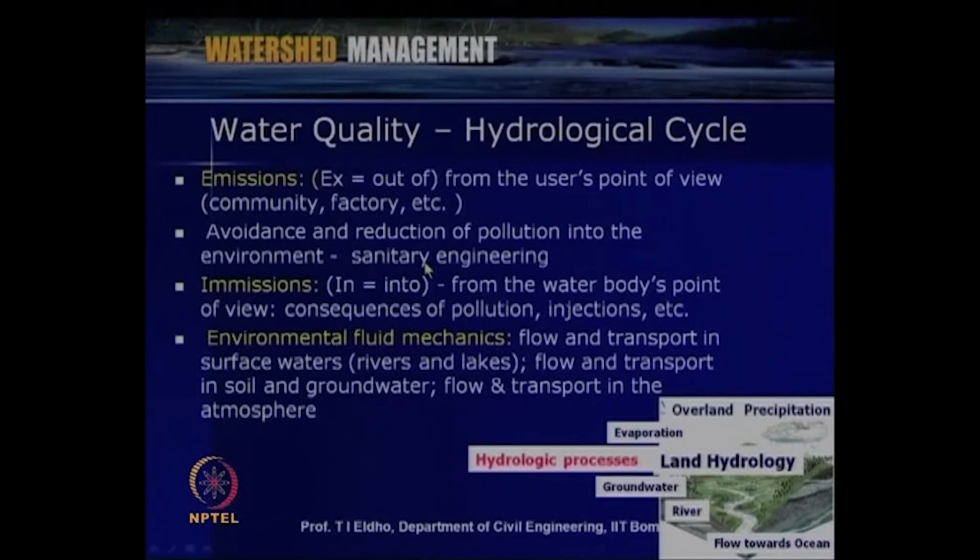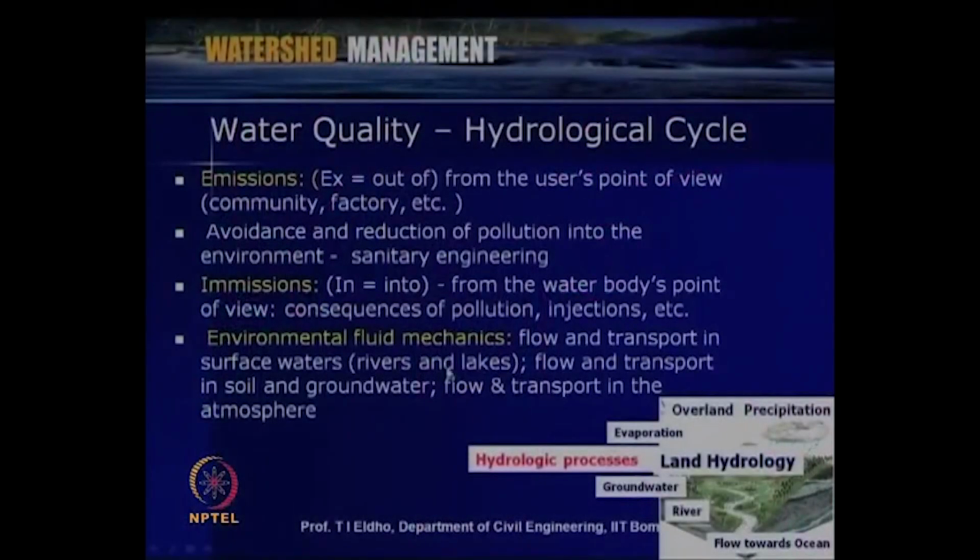So, now a new branch of fluid mechanics has evolved in the last few years. Generally it is named environmental fluid mechanics. Here we are trying to study or model the behavior of various pollutants within the system, like a control volume or within the domain we consider: the flow and transport in surface water, like rivers and lakes, flow and transport in soil and groundwater, and flow and transport in the atmosphere.